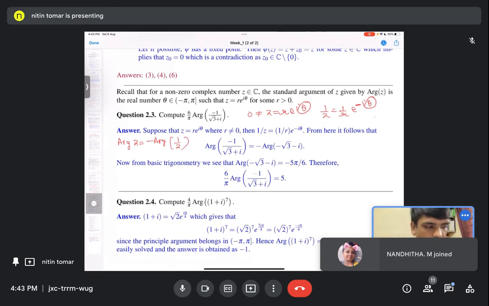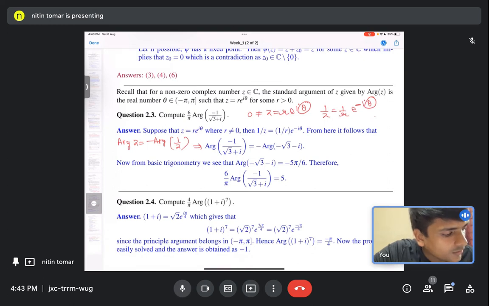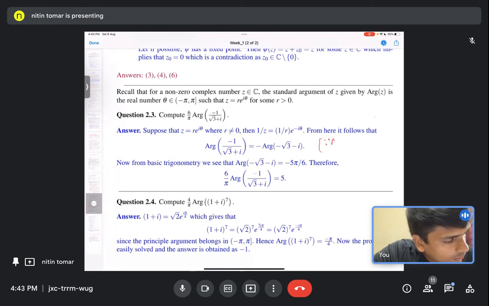We have used this. So if you choose your z to be this, it will be minus the argument of its reciprocal, which will be minus root 3 minus iota. Is this fine? Why does this statement hold true? Because argument of z is the same as minus the argument of 1 by z, where z is not 0.